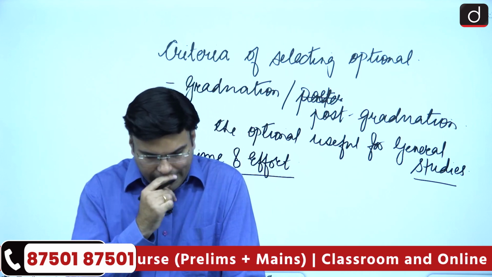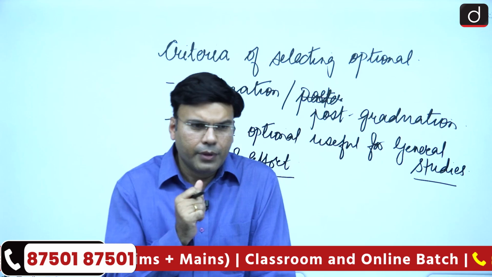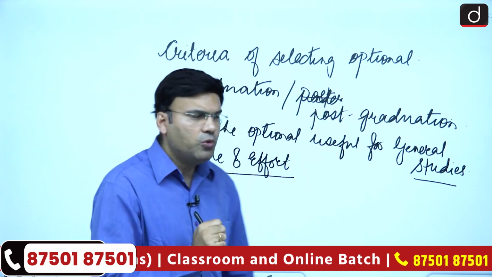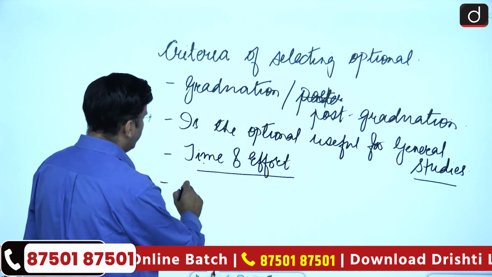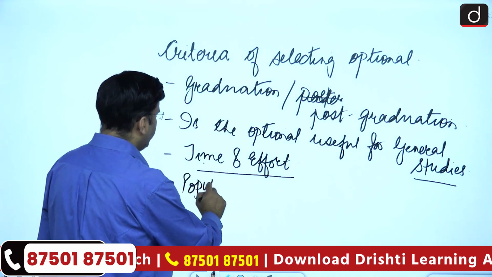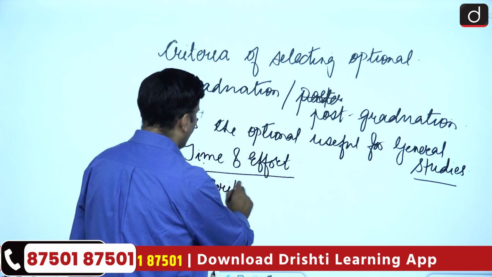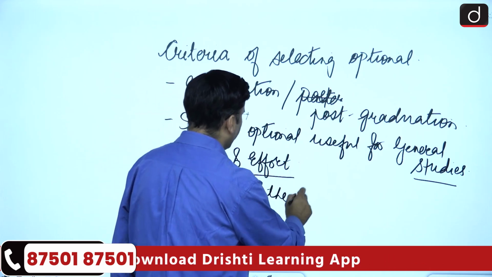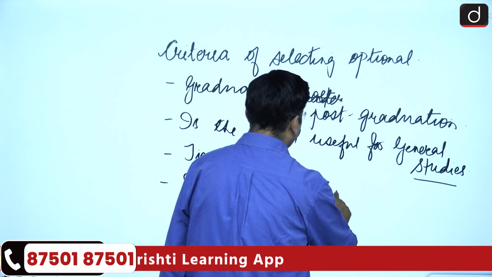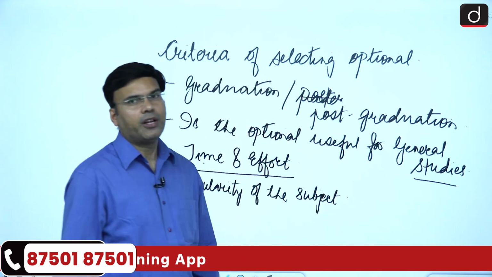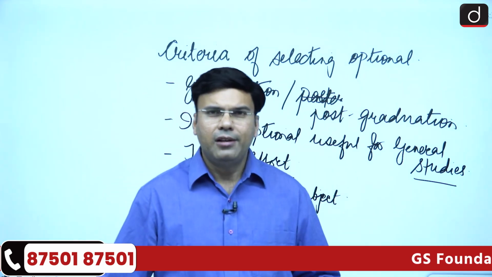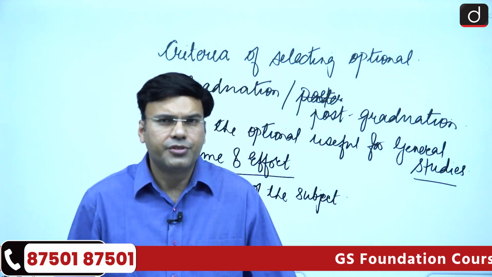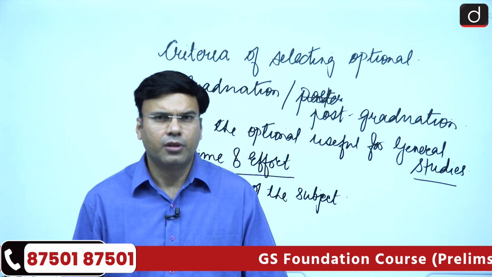The next is that you always have to be very particular about the popularity of the subject. When I say popularity of the subject, it means you have to find out whether the subject has been doing well as far as the results of the examination are concerned.